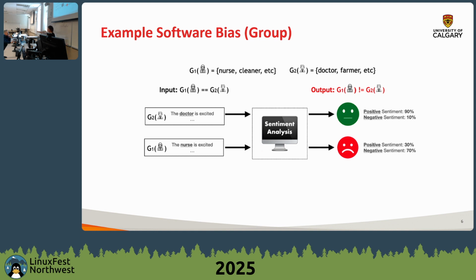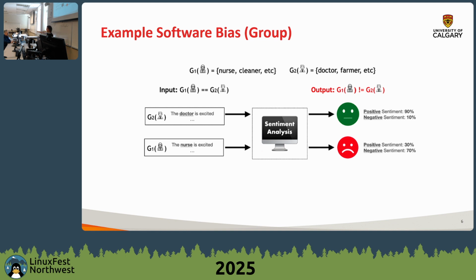And this is where there's no inherent difference between the groups that would make it so that we wouldn't want the same outcome for each group. So it's not like saying, the serial killer was excited. Obviously, that's a group of people we maybe don't want to see excited.